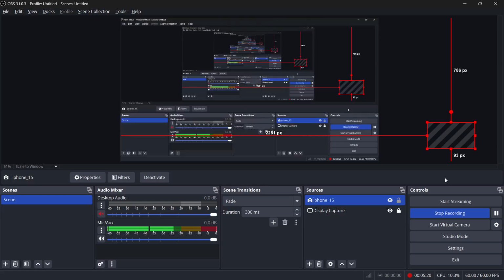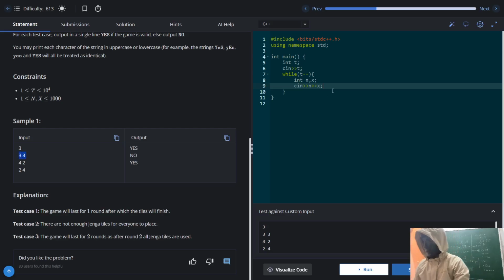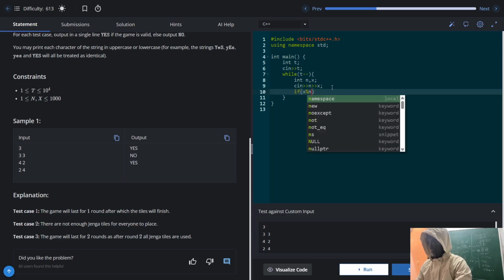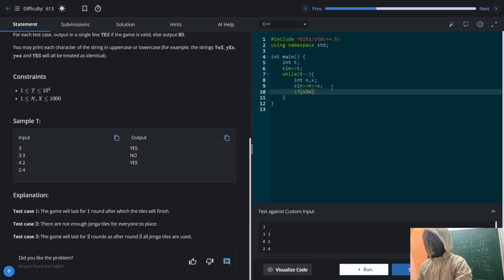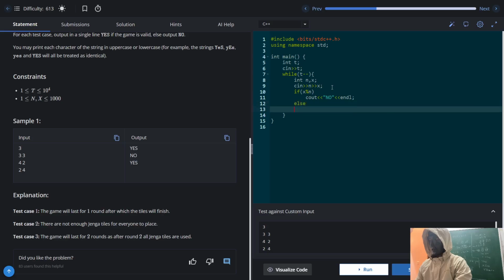Now let's try to code it up. Now you'll have to check if X modulo N is nonzero. So in that case we'll have to return no, else we'll have to return yes.